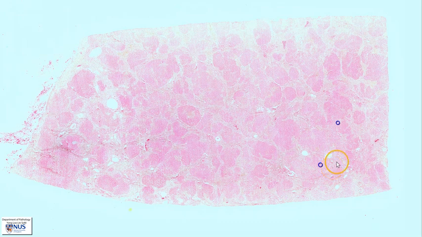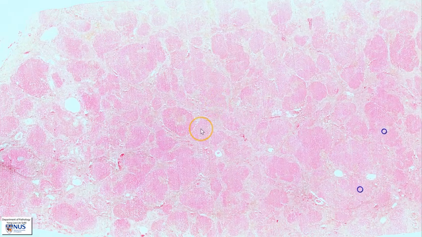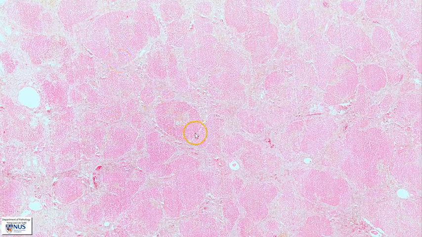In summary, this is an example of hemochromatosis of the liver with cirrhosis, and we can see that the lobular architecture of the liver is disrupted, but instead we have regenerative hepatocytic nodules of different sizes that are separated by fibrous septa.